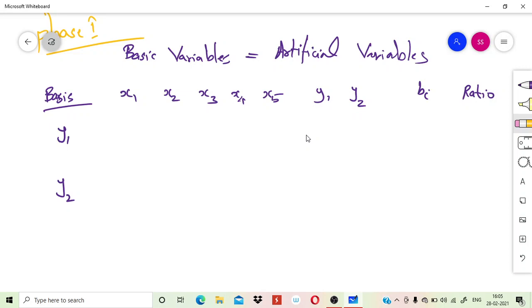And we have the third row, for minus f and minus w.